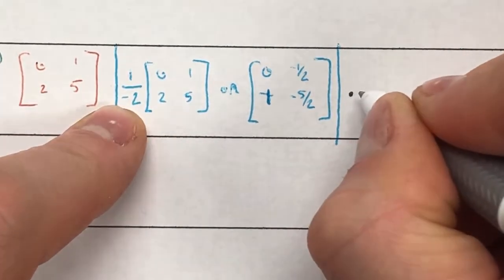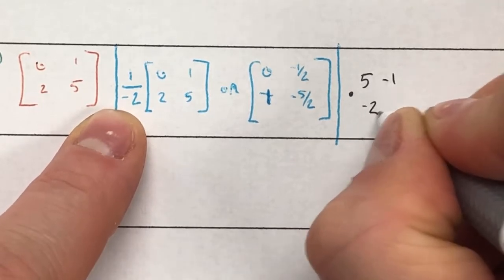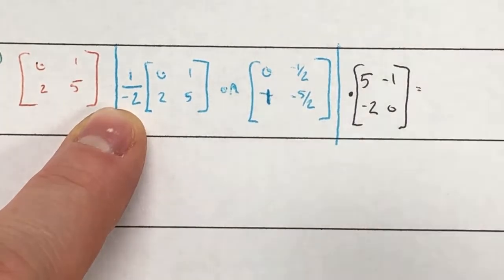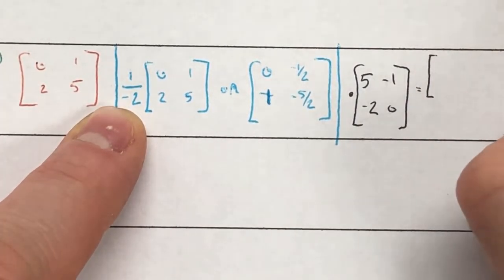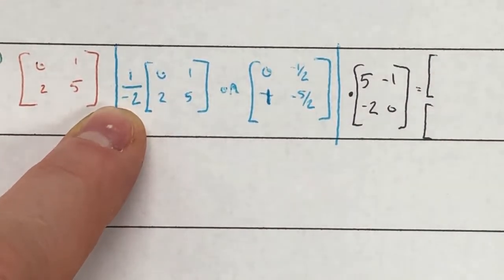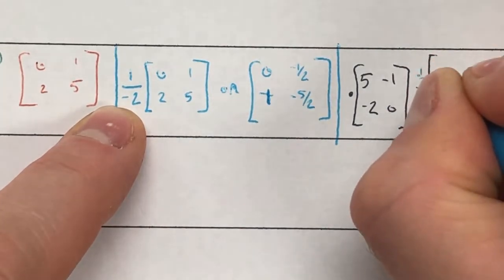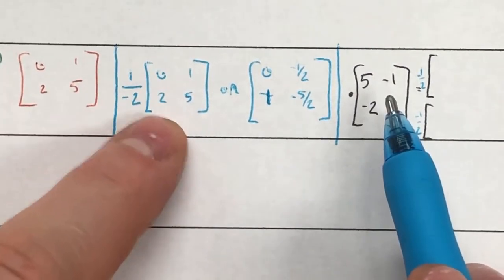So if I multiply by our original matrix, which is 5, -1, -2, 0, it's going to give me... I'm eventually going to scale this by -1 half. But I'm going to multiply this matrix times this matrix.